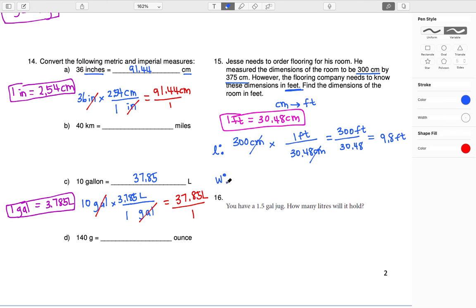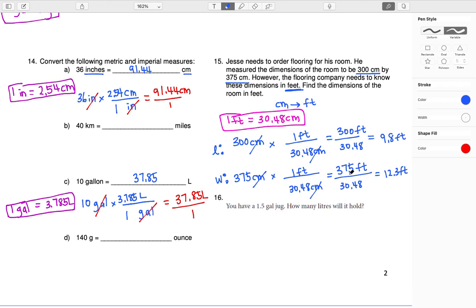And for width, we're given 375 centimeter. So again, 30.48 centimeter goes at the bottom, and 1 foot is at the top. And centimeter cancels out. So you multiply the numerator, 375 times 1 over 30.48. And that will give me approximately 12.3 feet.